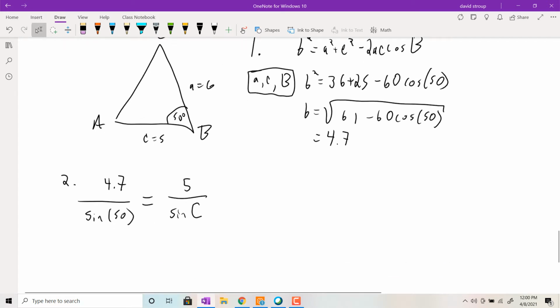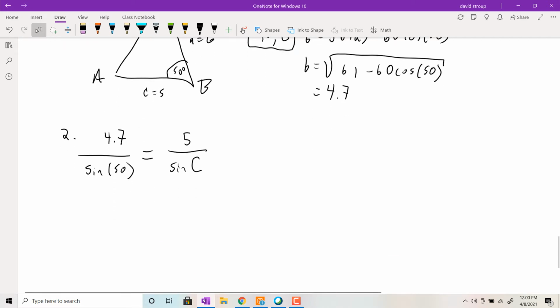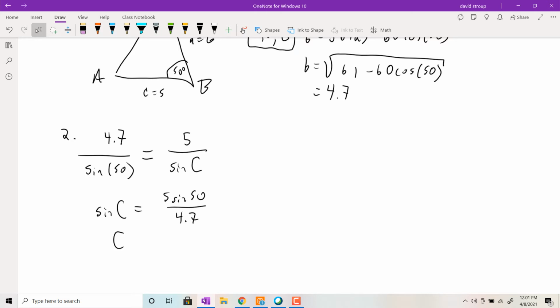And then you're going to have to do some inverse sines eventually, but you'll have sine of big C equals 5 sine 50 all over 4.7. Inverse sine on both sides gives me, to the nearest degree, 55 degrees.